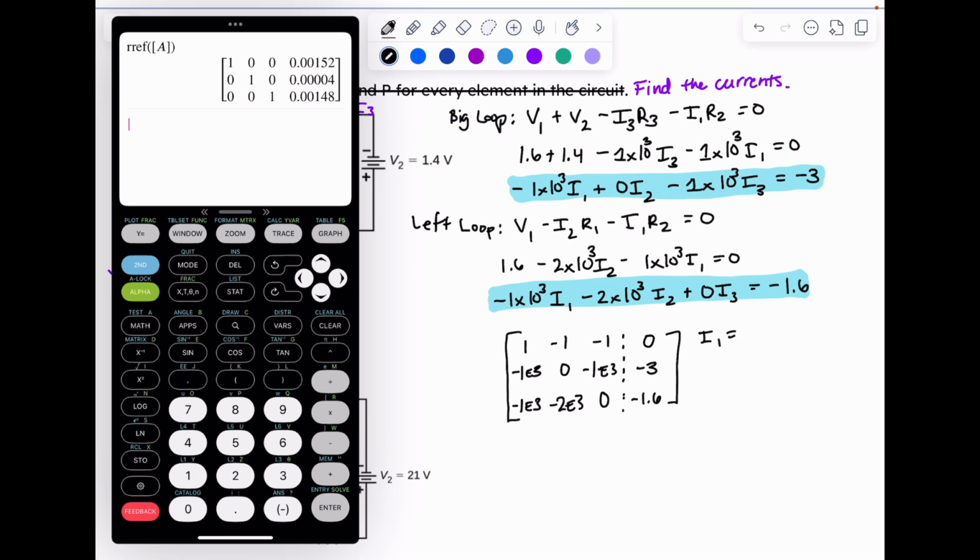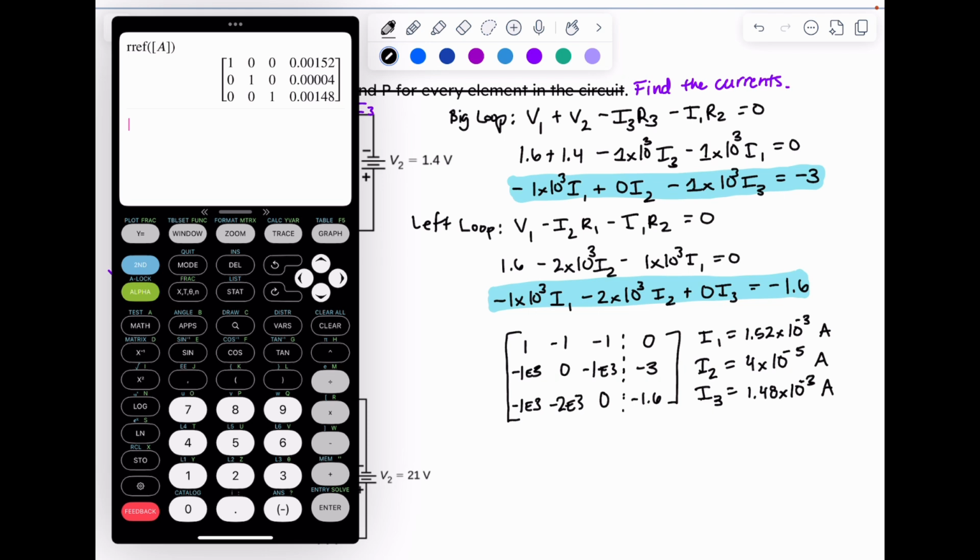So I1 is 1.52 times 10 to the -3rd amps. The second row, that 1 is where I2 was. So I2 is equal to 4 times 10 to the -5 amps. And that last row, that 1 is where I3 was. So I3 is equal to 1.48 times 10 to the -3rd amps.